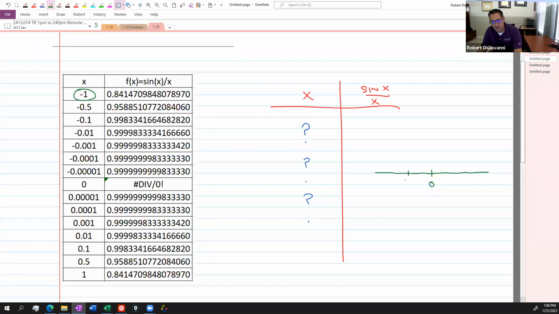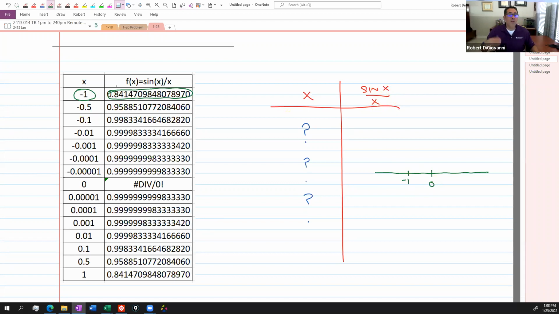I'll come in from the left, -1, well, that's kind of close to 0, right? Kind of, not really, but if I plug -1 into this, so do sine of -1 divided by -1 on my calculator, make sure I'm in radian mode. The calculator will spit out 0.84147909, blah, blah, blah, all right? So I get that answer.